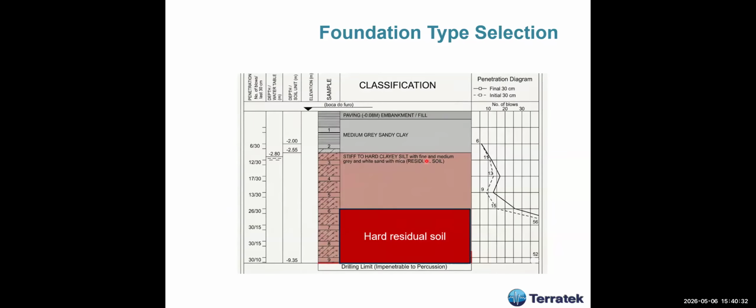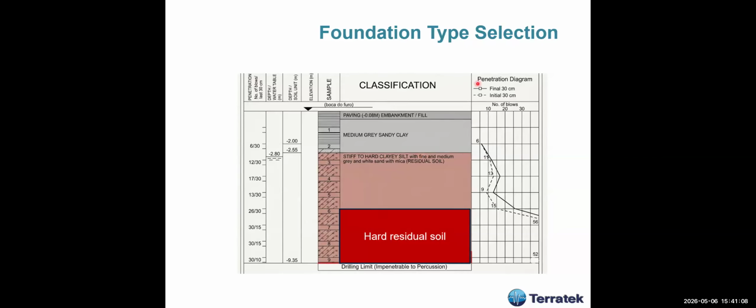This is another example. If you have a borehole log like this, you have here medium gray sandy clay, stiff to hard clayey silt, and then hard residual soil. What kind of foundation could we apply to a borehole log like this? There are several types.